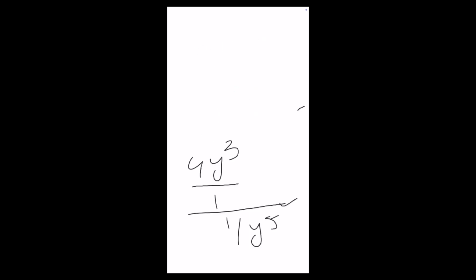The division is going to be converted into multiplication. Yes, multiplication. So 4y cubed divided by 1. Now I have converted my division sign into multiplication. So I am writing 1 divided by y raised to 5. Is it correct?